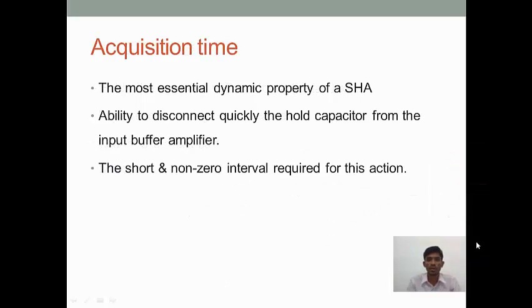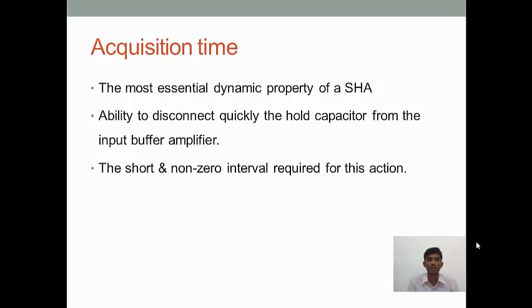Acquisition time is the most important parameter or property of the sample and hold amplifier. Actually, it is the ability to connect and disconnect the hold capacitor from the input buffer, the input circuitry which is connected and disconnected by the switch.